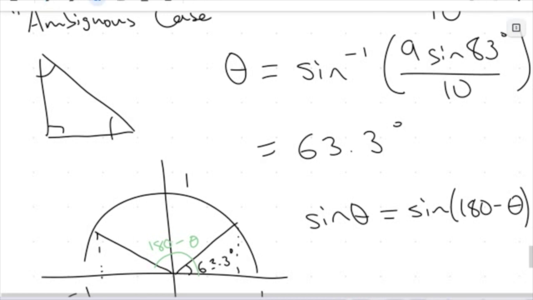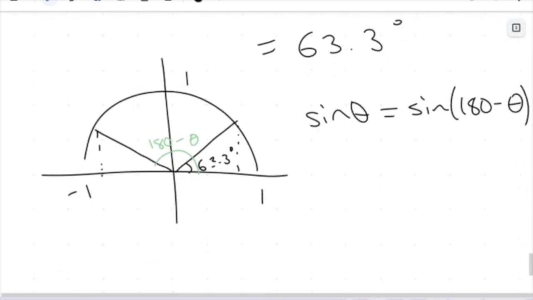But now we're looking at non-right angle triangles, so it's possible to have an obtuse angle.